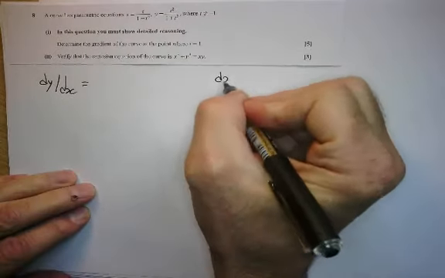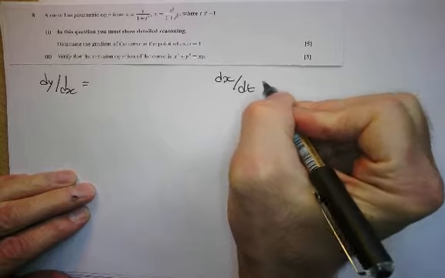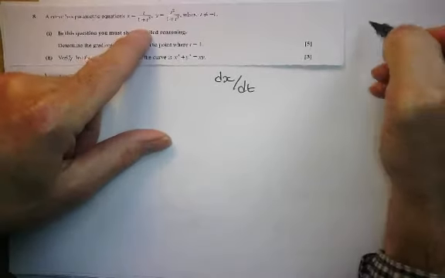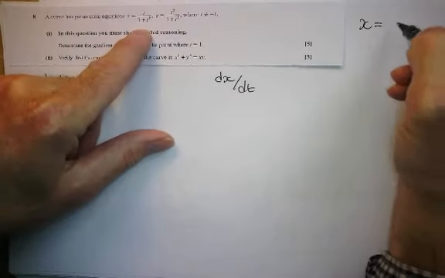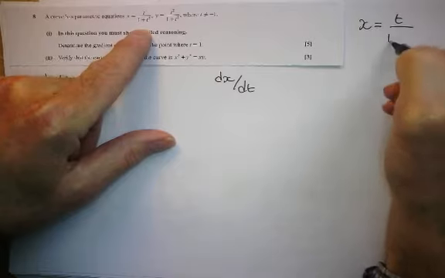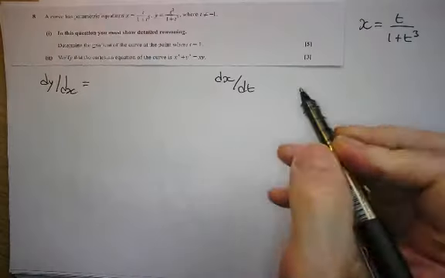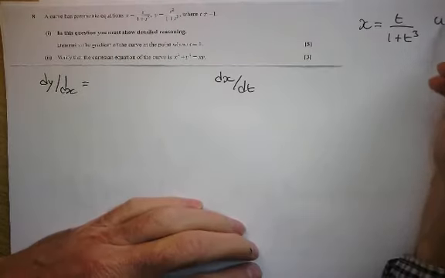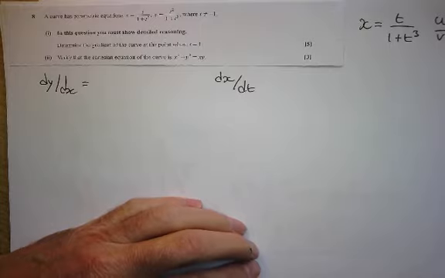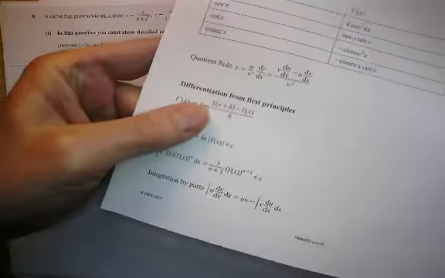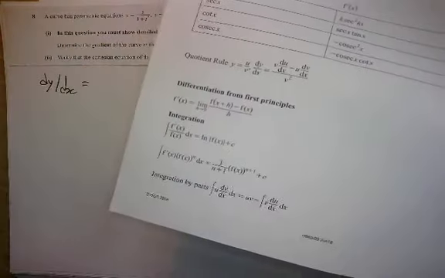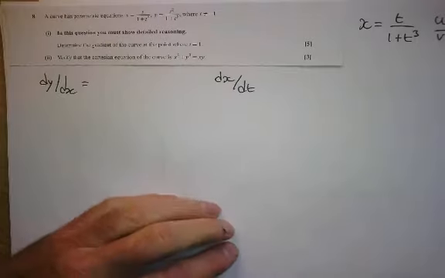So let's first of all do the dx dt. Let's just write this equation out so you can see it if the screen is too small for you. So I need to differentiate that. With the quotient rule, you might even want to write it out, but remember where it is. There it is. It's a nice one.